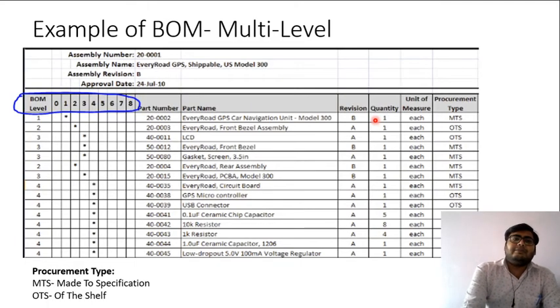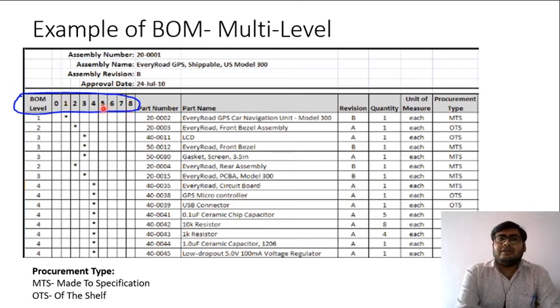For a multi-level bill of material, there will be different levels of bill of material items which are to be assembled in different levels of assembly. Basically this multi-level shows the level of assembly. The higher the level number, the lower the assembly level. So first of all we need to assemble all these level 4 parts which will make a level 3 assembly.